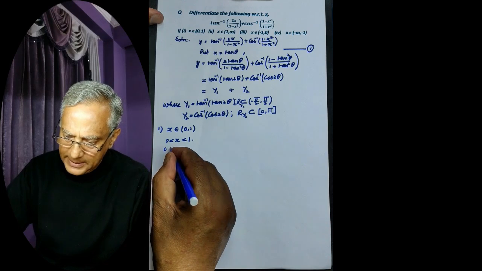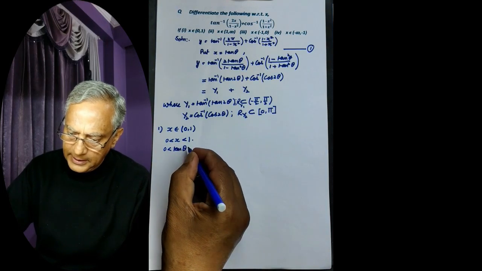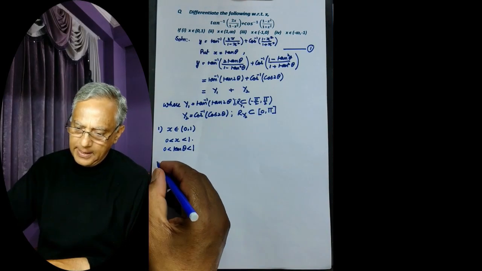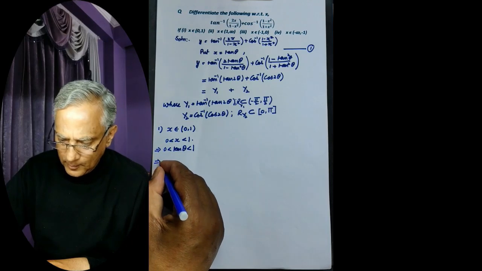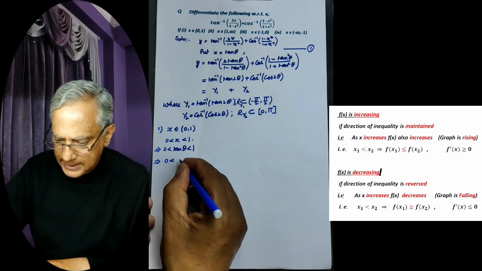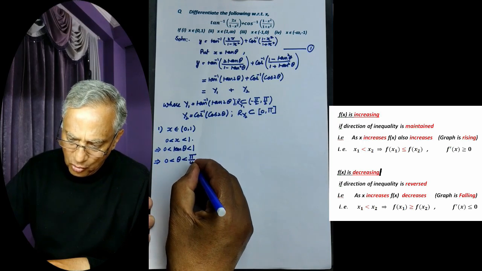Therefore 1 implies 0 is less than tangent of theta is less than 1, and this implies 0 is less than theta is less than pi by 4.